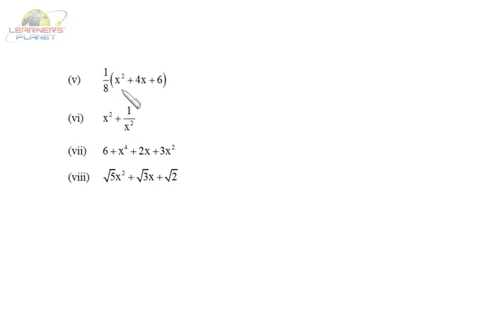Here we see the variables have positive powers, so this is a polynomial. In this case, this x has a positive power, but this x has a negative power, since we will write it as x square plus x raised to minus 2. So further, it will not be a polynomial.